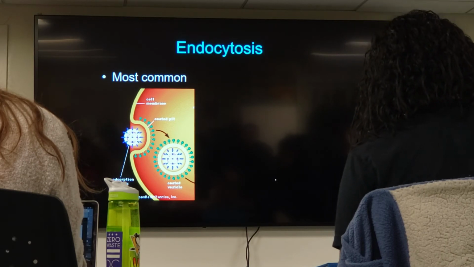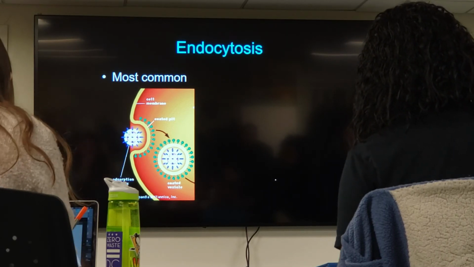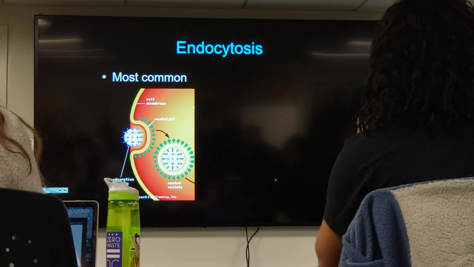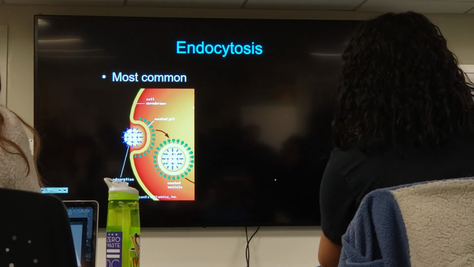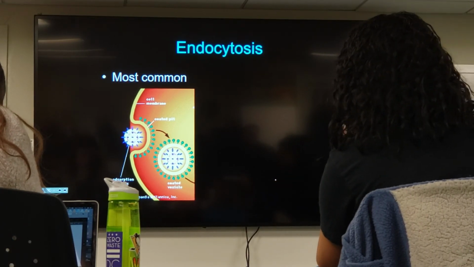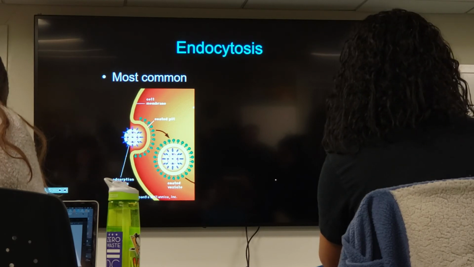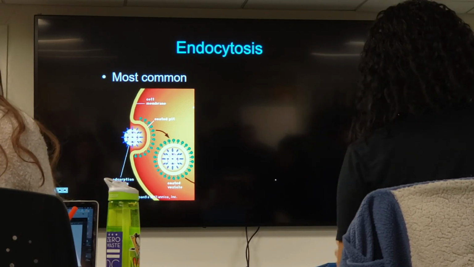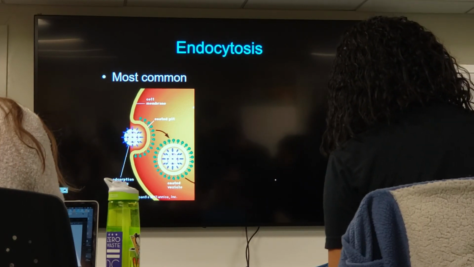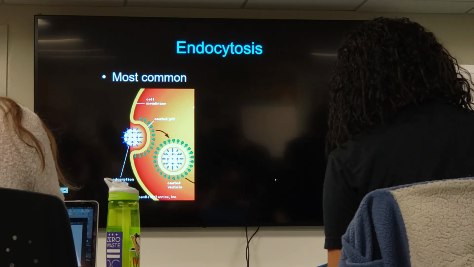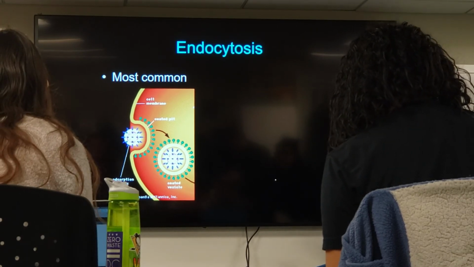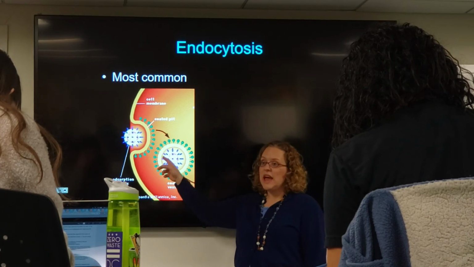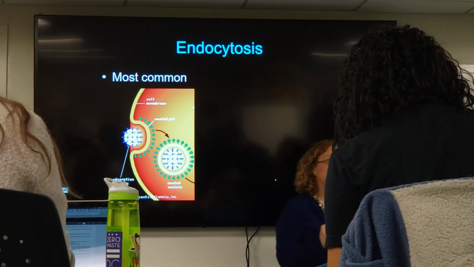Now, if a virus is enveloped, right, so if it already has a lipid membrane surrounding it, fusion has to follow endocytosis, right? So if a virus is not enveloped, if this is just genome and capsid, how does the virus get out of that clathrin-coated vesicle?